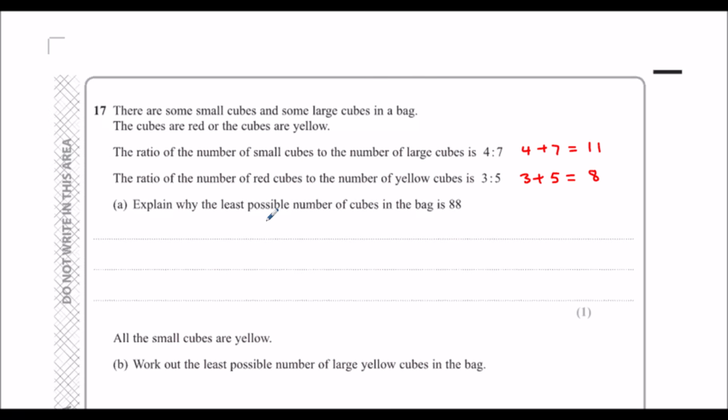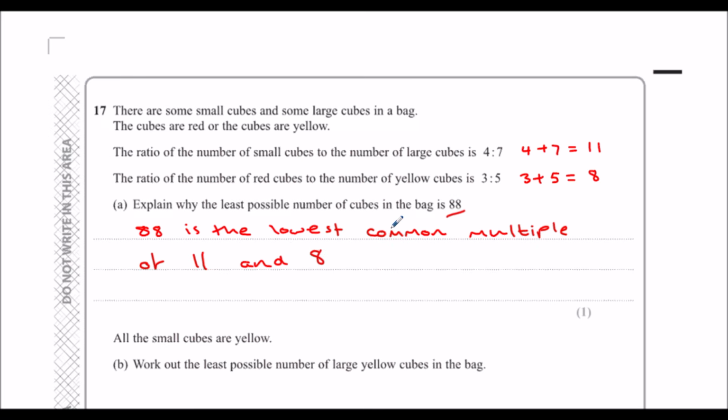And the reason why this is the least possible number, 88, is that's the lowest common multiple of both of these. So 88 is the lowest common multiple of 11 and 8. So it's the lowest thing that's in the 11 times table and the 8 times table.